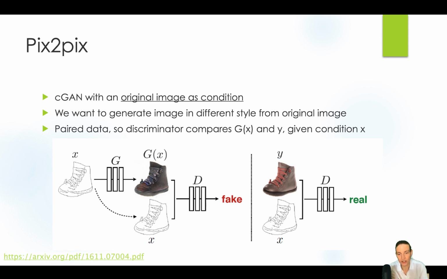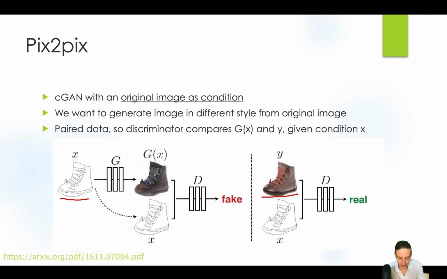Pix2Pix is a conditional GAN network. We just talked about what conditional GANs are. We give a label along with the data into both the discriminator and the generator. In this case, we have a data set of paired data. Remember, Pix2Pix requires paired data. We have a drawn shoe, and we want to generate the paired example, a real shoe from it.